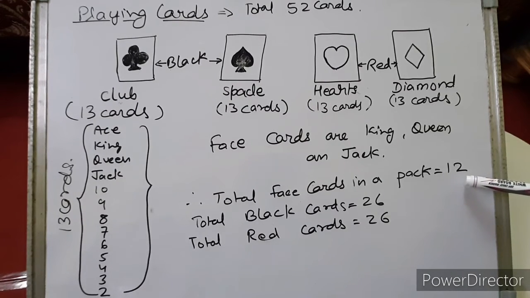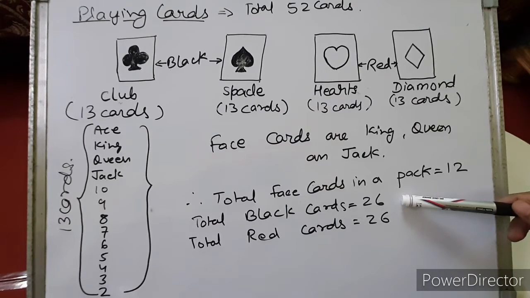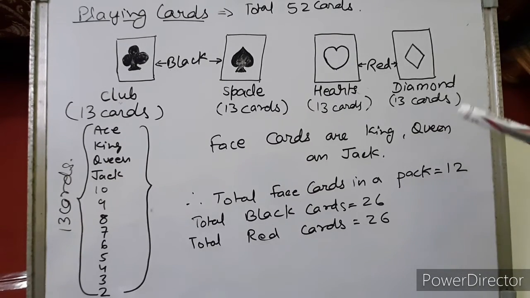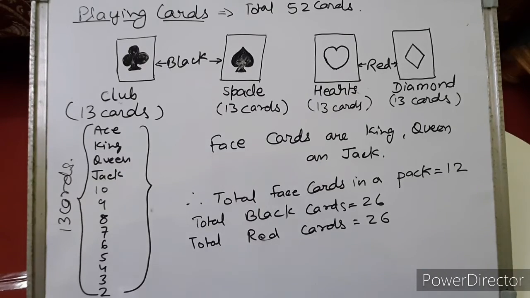So 4 kings, 4 queens, and 4 jacks, which makes 12 face cards. Total black cards in a pack: 13 club cards and 13 spade cards. Club and spade are black in color. So the total number of black cards is 26, and hearts and diamonds are red in color. So total red cards will be 13 plus 13, which is 26. All right, children, note down this much first.